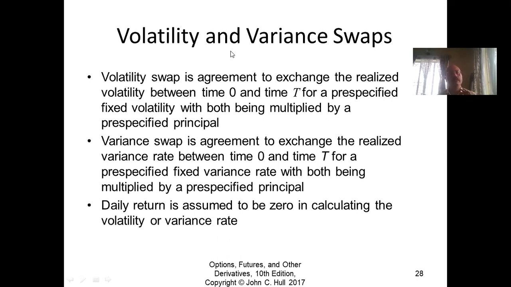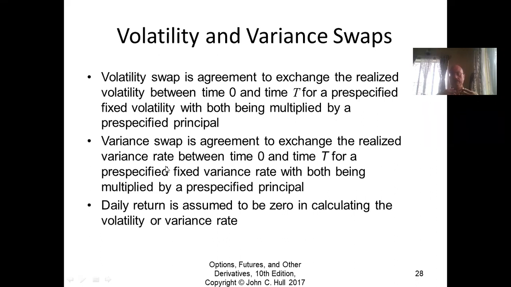In the volatility swap situation, what we are actually looking at is exchanging variance values or volatility values. So a volatility swap is exchanging the realized volatility, and a variance swap is exchanging the realized variance rate. So both are similar swap contracts.